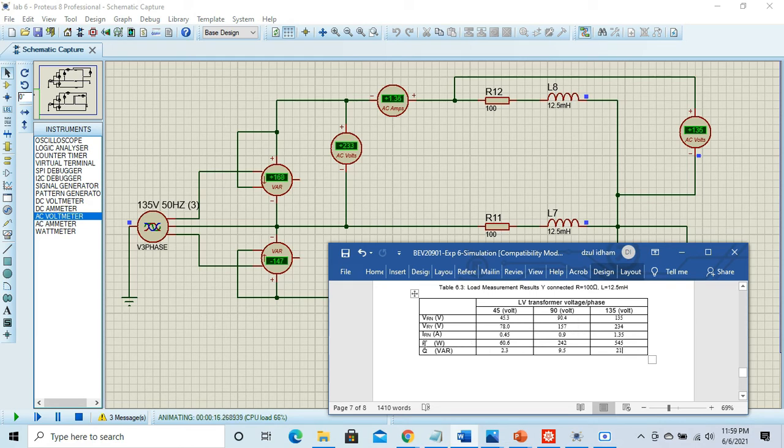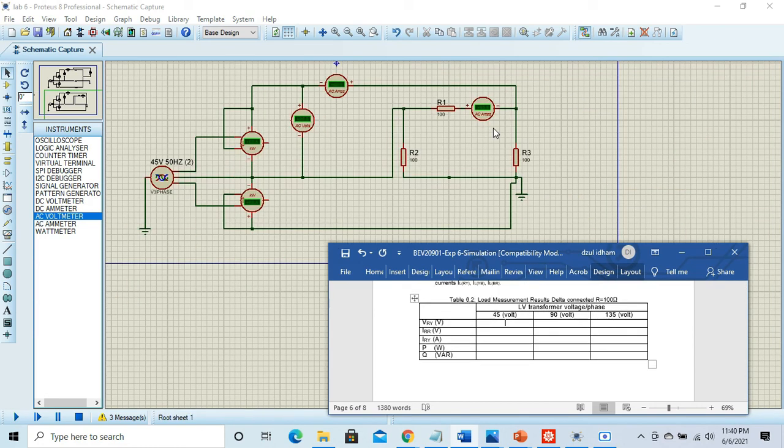IRN is VRN divided by the phase impedance Z. Then P1, P2, the total, and Q in var, which is different from activity 1 because there is an inductor, which refers to the imaginary side, which has a theta. Later we discuss the analysis. Okay, that's all.